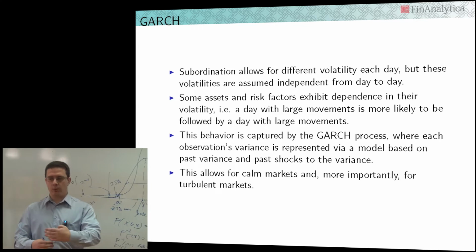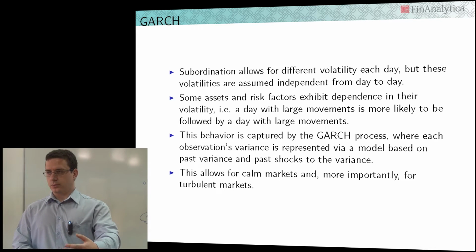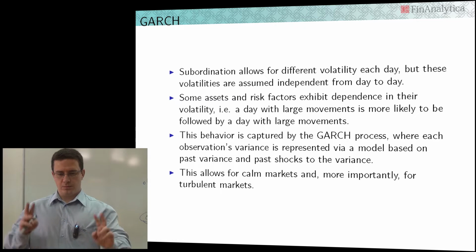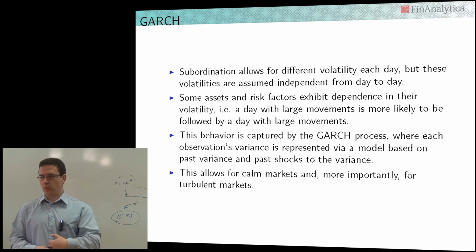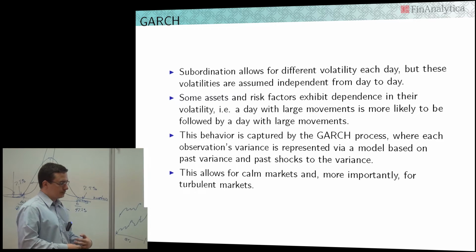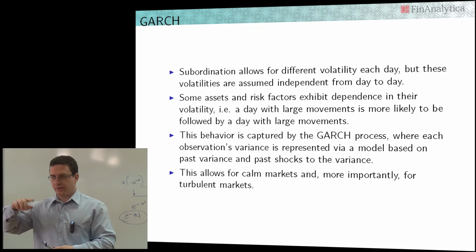But you can actually build a model where these events are not independent, and tomorrow's quickness of news will depend on whether or not today was quick or slow. And what you get is so-called time varying volatility.